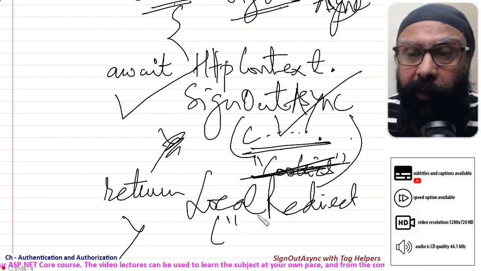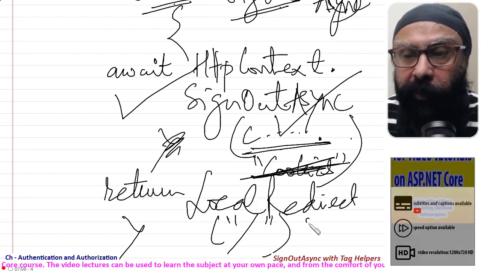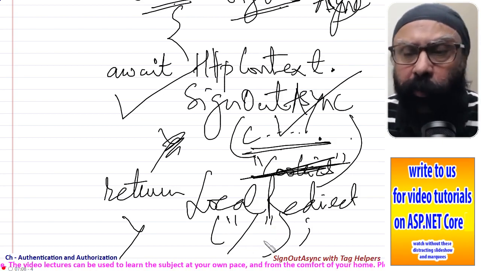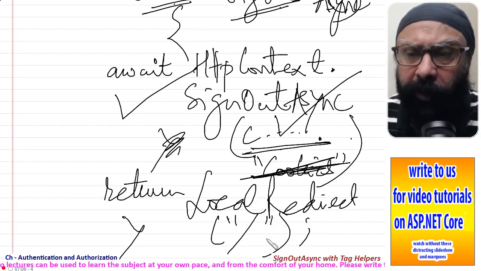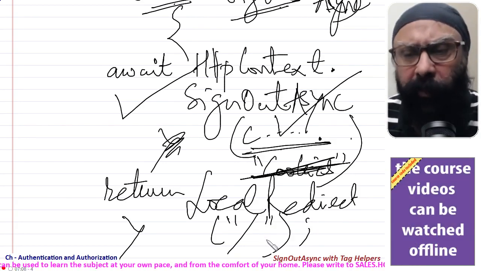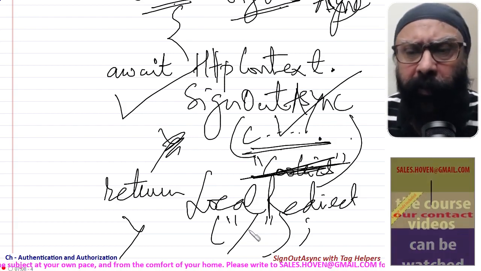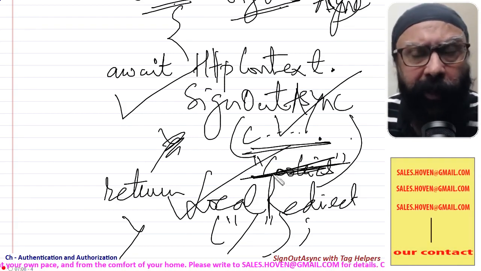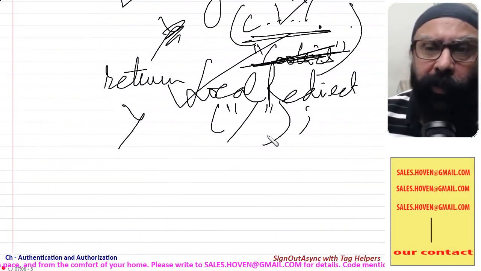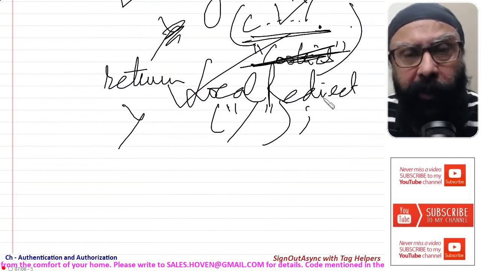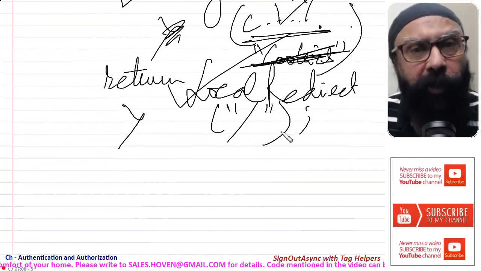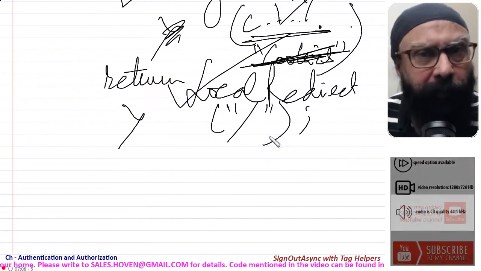This function is specifically meant because of its inherent securities, and those securities you can read in the documentation, but as a software developer we are only interested in the endpoint, which says that this is the recommended way and this is the most secure way. So use LocalRedirect, and this will redirect the user to the home page of the website.